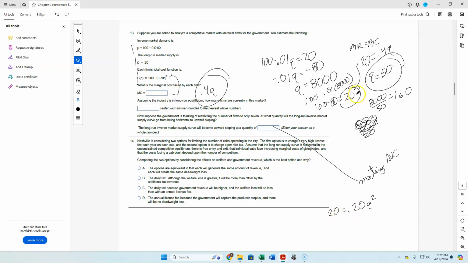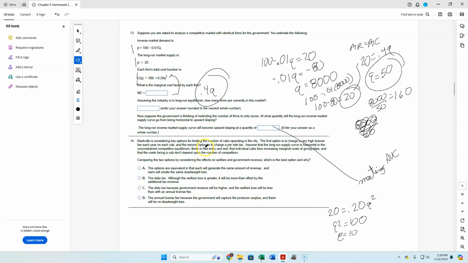Right, because that would be the price being charged. At what quantity point would we start producing a positive amount? And I'm getting that to be 10.